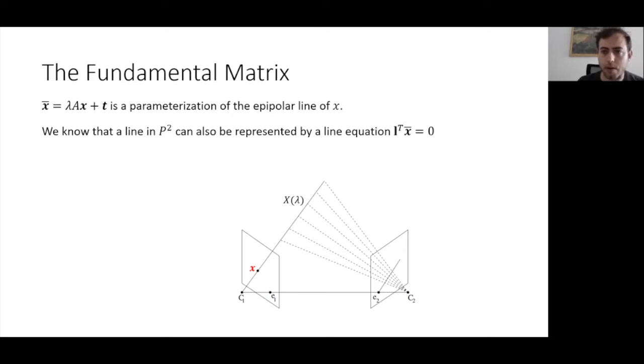So I want to use the current parameterization of x bar in order to calculate L. Can someone think of a way to do that? How can I find a line in P2? What do I need in order to find a line? What defines a line?